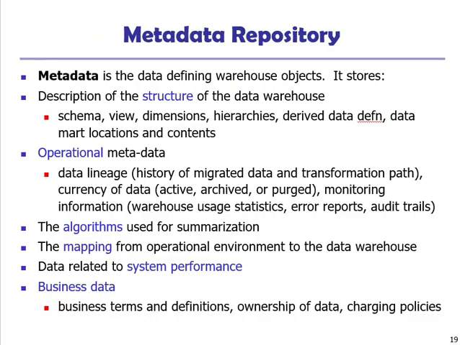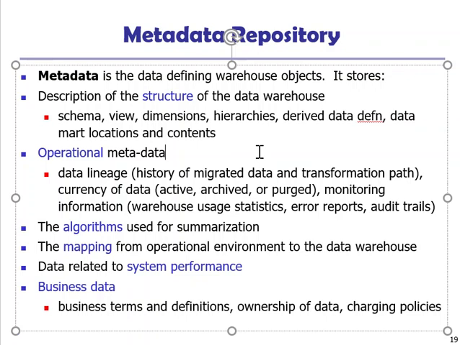So earlier we mentioned the metadata repository. We explained that metadata is the data that describes what's in a data warehouse. It can store descriptions of the structure of the data warehouse: the schema used for data cubes, different views that might be generated, dimensions, hierarchies, data mart locations and content, derived data, and definitions of derived data.